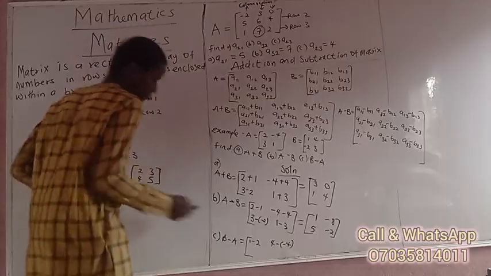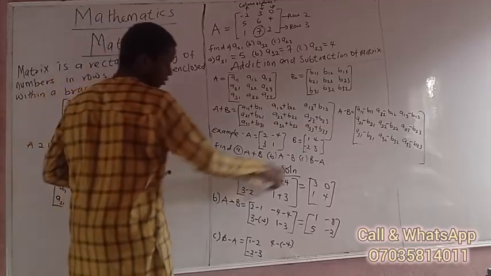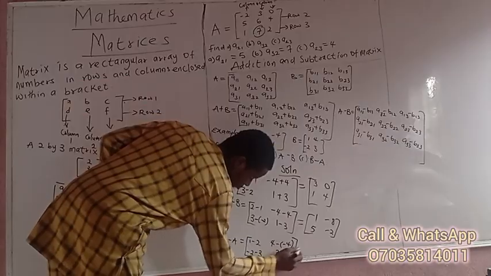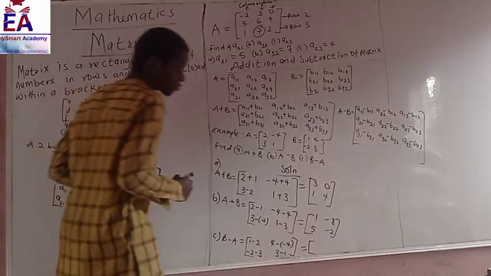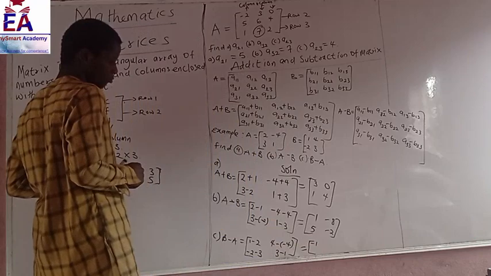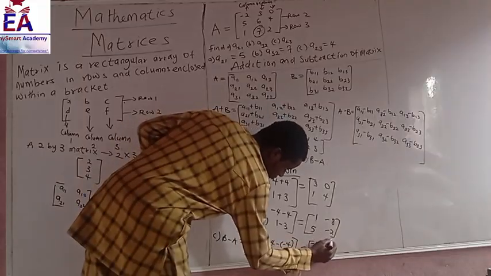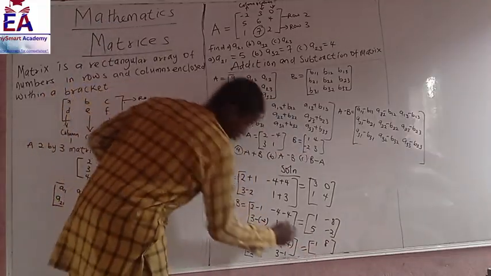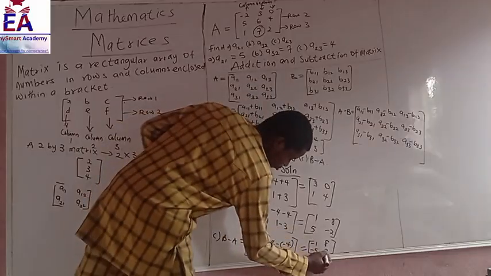Minus 2 minus 3. And then I have 3 minus 1. So 1 minus 2 gives us minus 1. And then 4 minus minus 4, minus is plus. So that will give us 8. And then minus 2 minus 3 gives us minus 5. And then 3 minus 1 gives us 2.